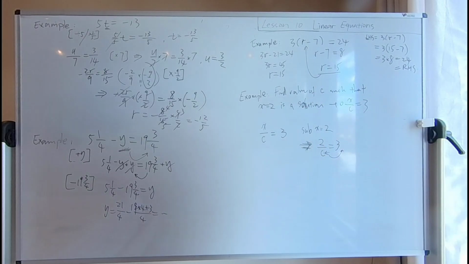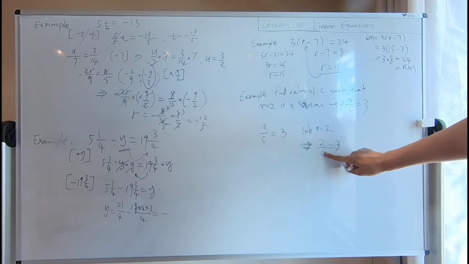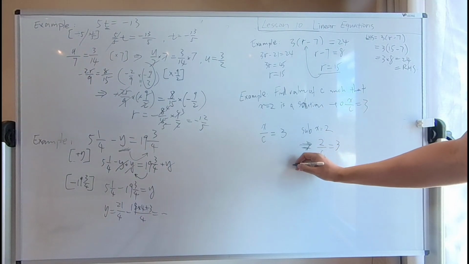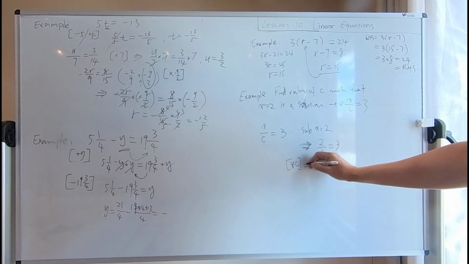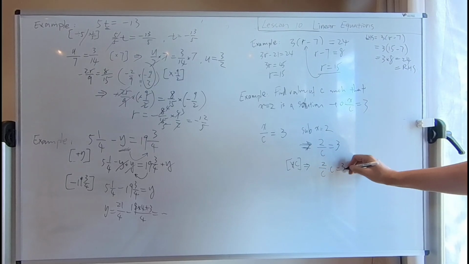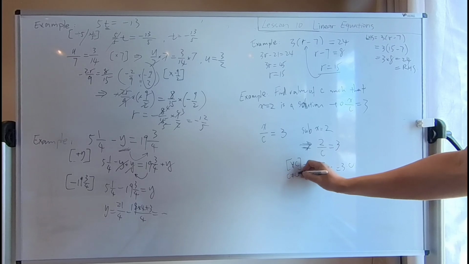But again, just for clarity, maybe let me write a couple more steps. First, it's equivalent to multiplying by c on both sides to get 2 over c times c equals 3 times c, where c is not 0.